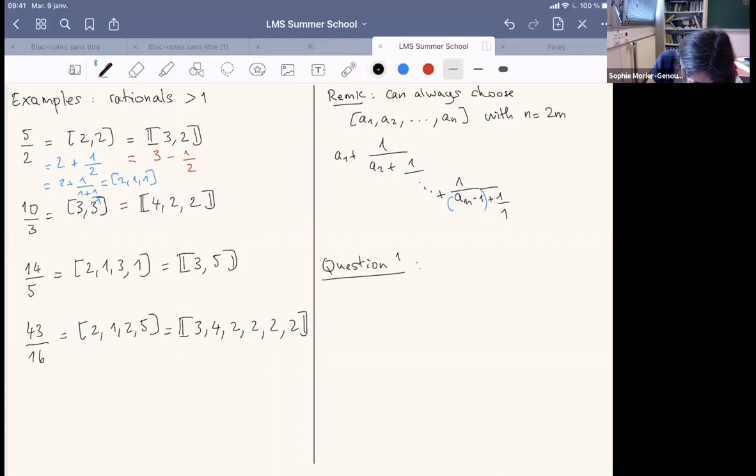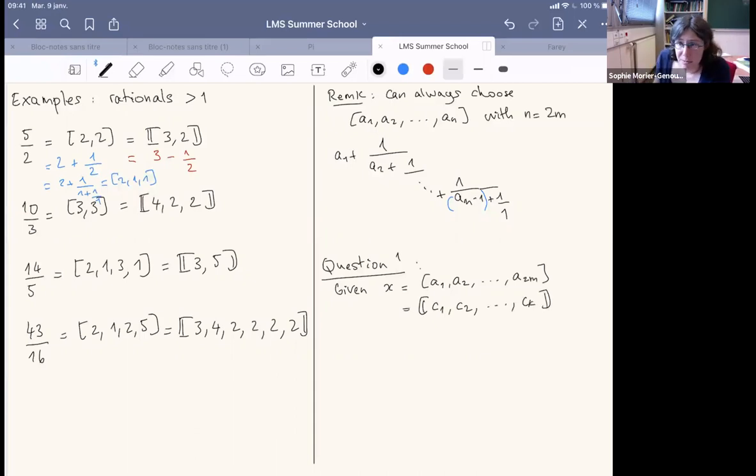Given x, a rational number, with regular continued fraction like this, and with negative continued fraction like this.